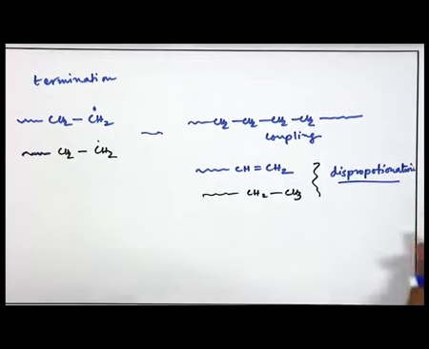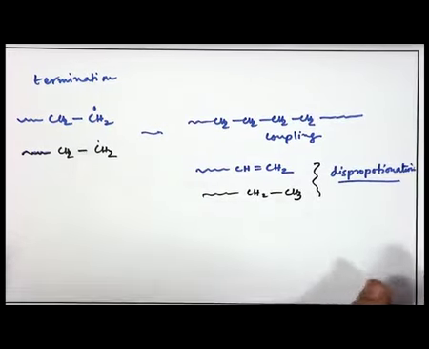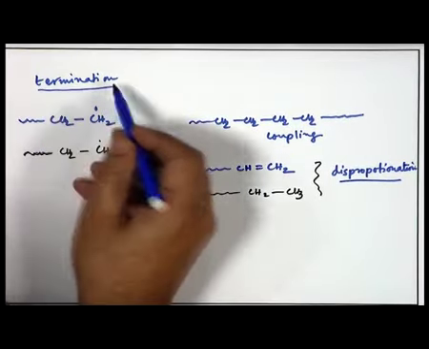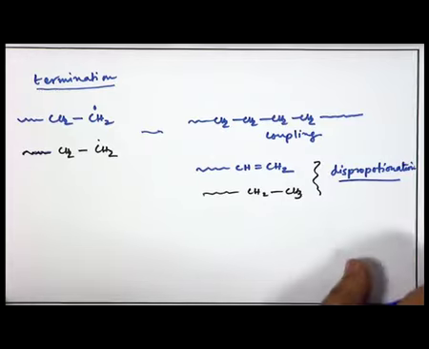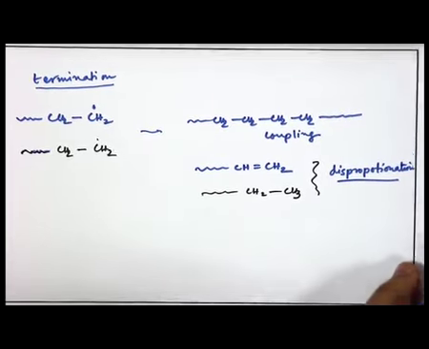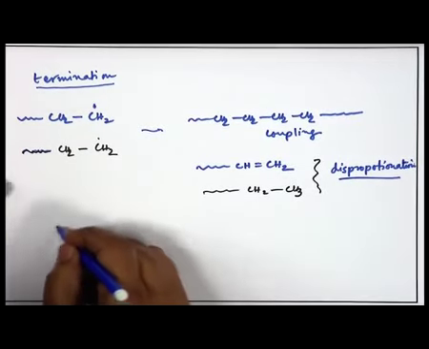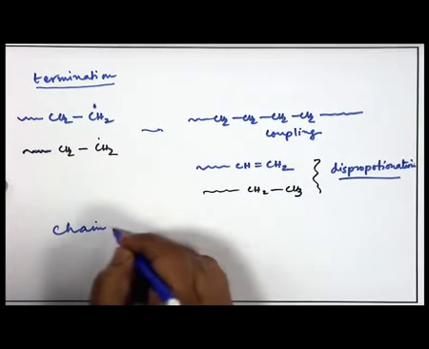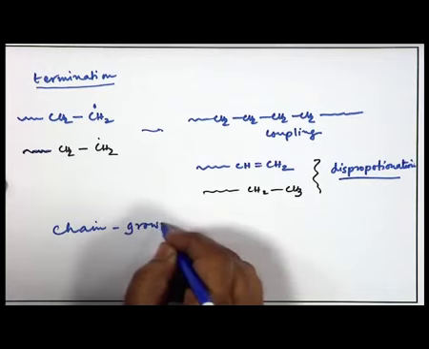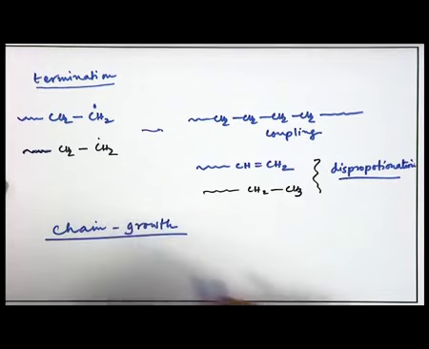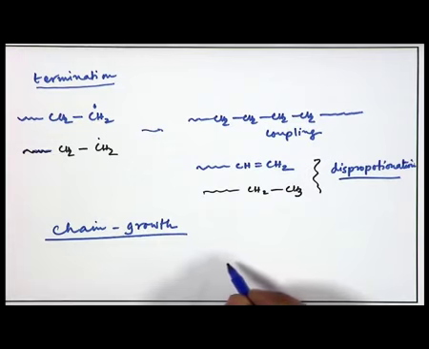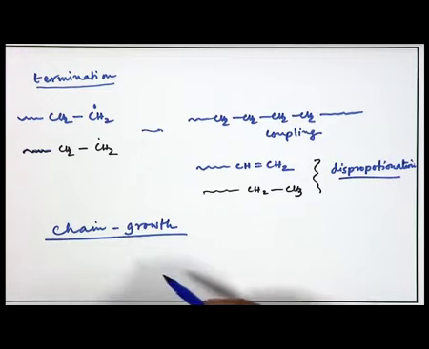So, remember we were discussing chain growth polymerization, and we just combined the mechanism also. So, just one reminder: in chain growth polymerization the polymers are produced by adding monomers one after one at the end of the chain.